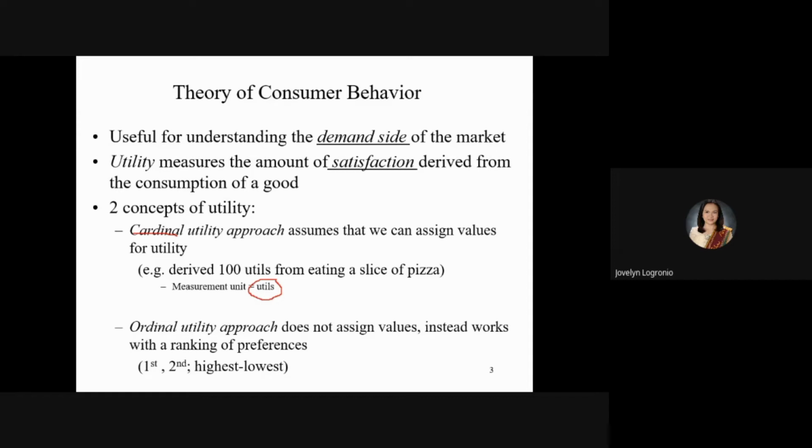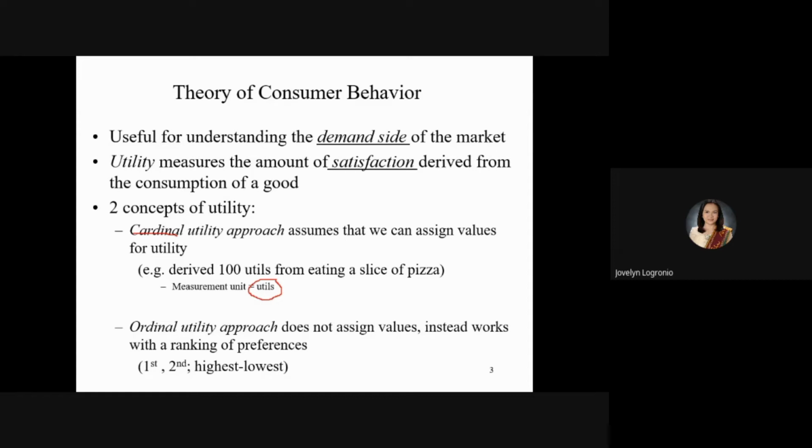Then the second approach, ordinal utility approach, does not assign values but instead works with a ranking of preferences. So for example, between apple, banana, and orange, maybe for some consumer, mas happy siya from eating apple.